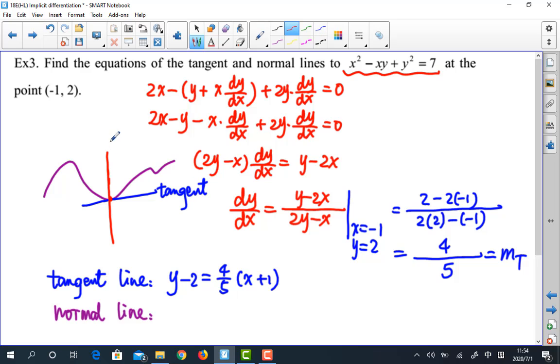The red one is the normal line. So it's perpendicular to the tangent line. Two lines are perpendicular to each other, so the slope of the normal line should be the negative reciprocal of the slope of the tangent line. So the normal line should have the equation y minus 2 equals negative 5/4 bracket x plus 1.